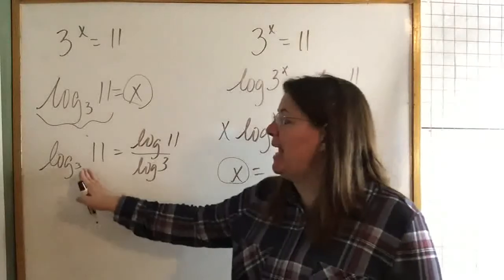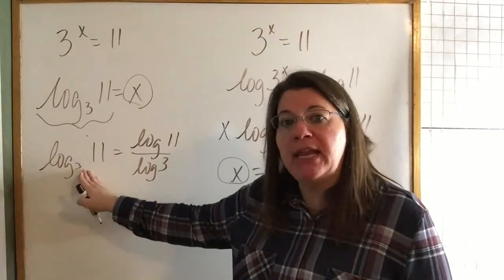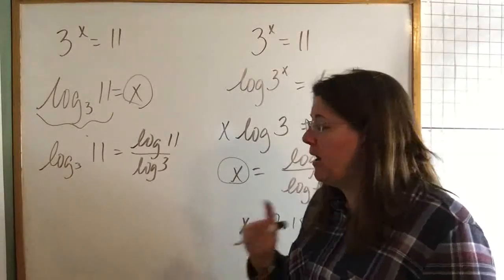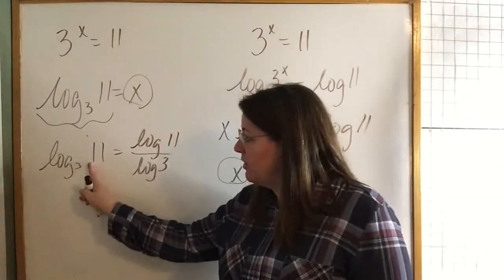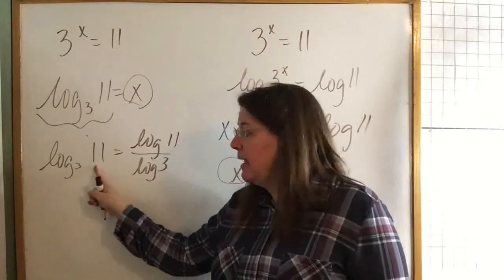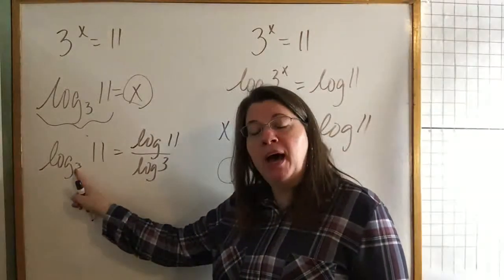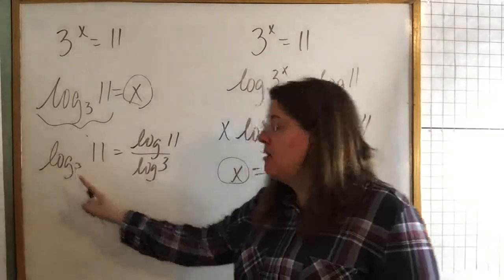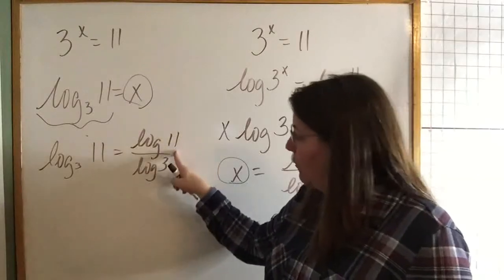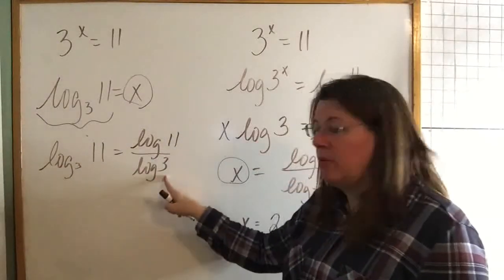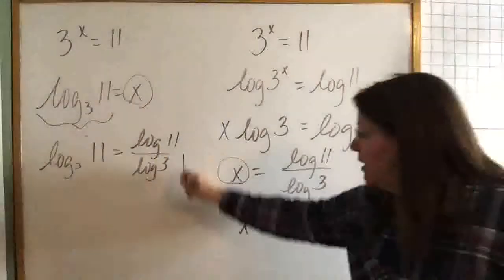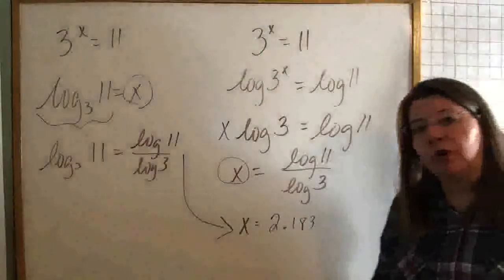We can convert any log of any base to a log base 10 if we know the change of base formula. And all you have to do here is, whatever this part is, it would go on top attached to a log 10. And whatever the base is, it would go on the bottom attached to a log base 10. So log 11 goes on top, over log 3 goes on bottom. Now I could put that in my calculator and solve it and know that that's equal to 2.183.